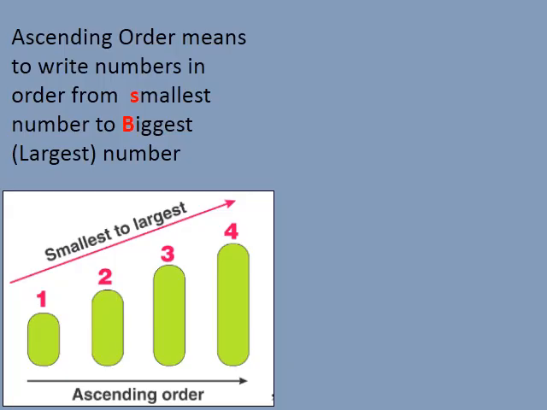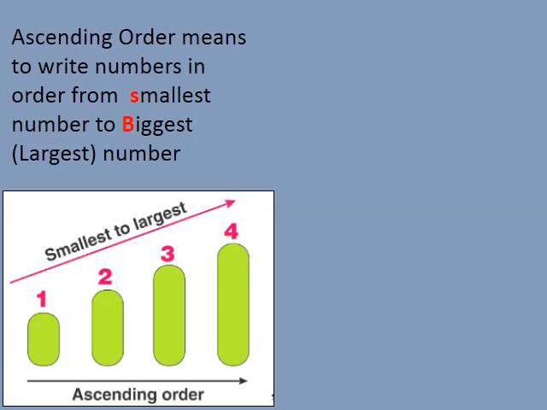So children, now we will start with the next topic, that is ascending and descending order. Before starting, let's understand what we mean by ascending order. As you see in the picture, the arrow mark moves from down to up, that is smallest to largest.